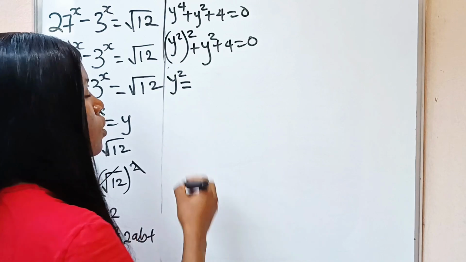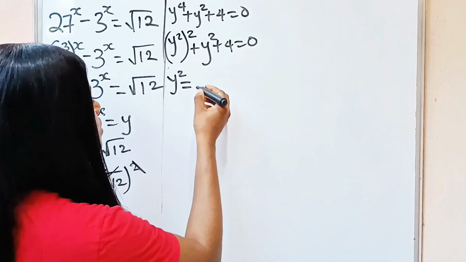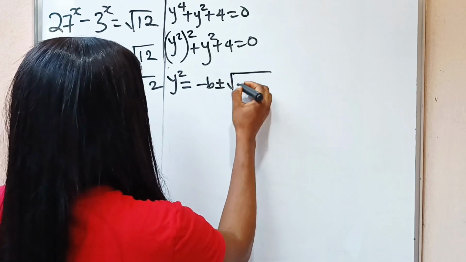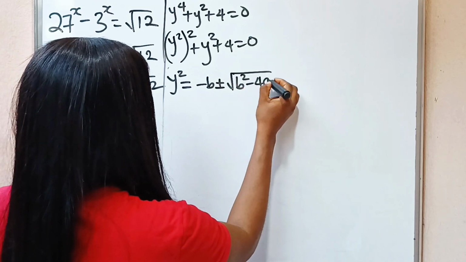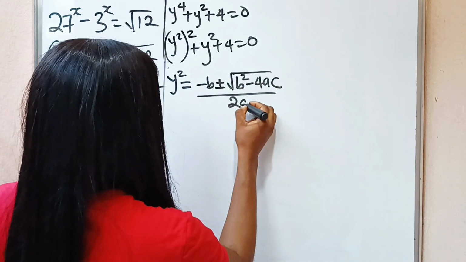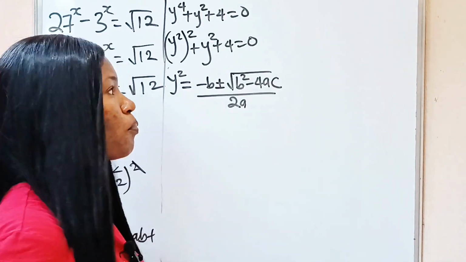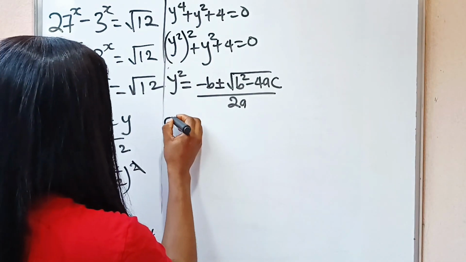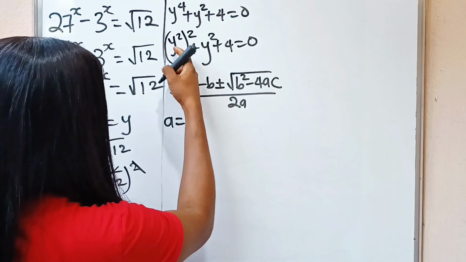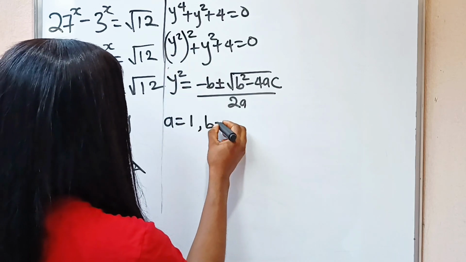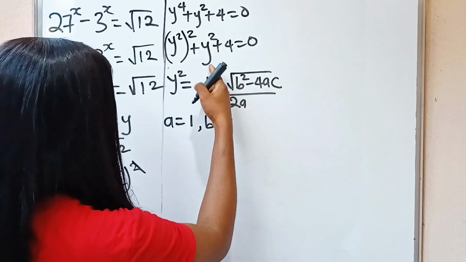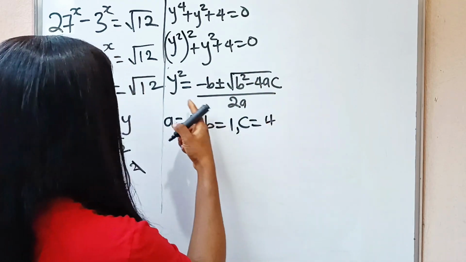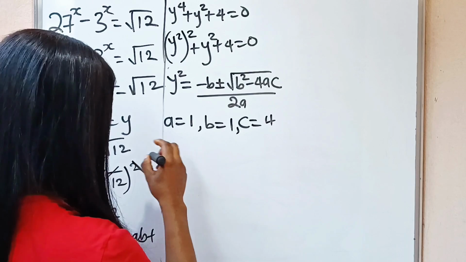The quadratic formula states that y squared should be equal to minus b plus or minus the square root of b squared minus 4ac, everything divided by 2a. Recall that from here our a is equal to 1, the coefficient of y to the power of 4, our b is equal to 1, and our c is equal to 4. So we are going to substitute that here.